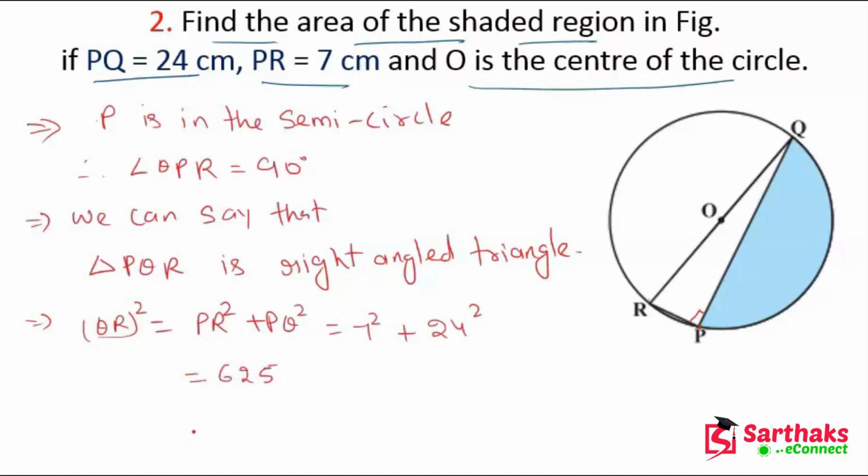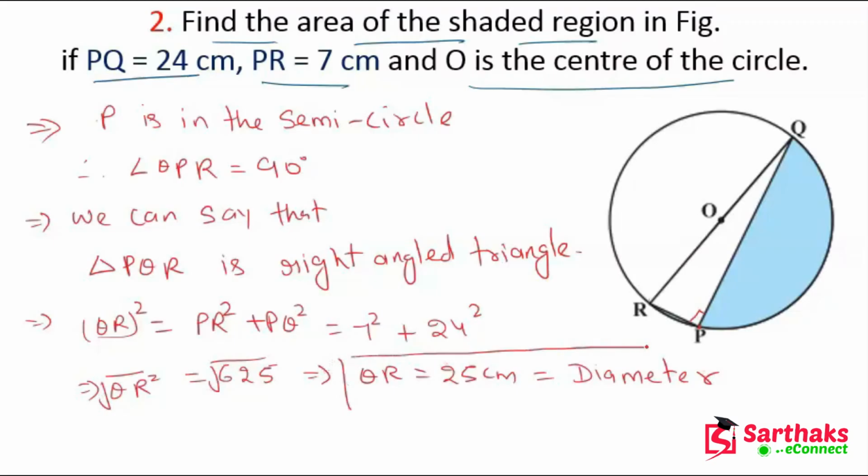So if we take the square root on both sides, we get QR equals 25 centimeter, which is our diameter, the diameter of the circle. Okay, my dear friends, I hope you get this one. So now we have the diameter of this circle.